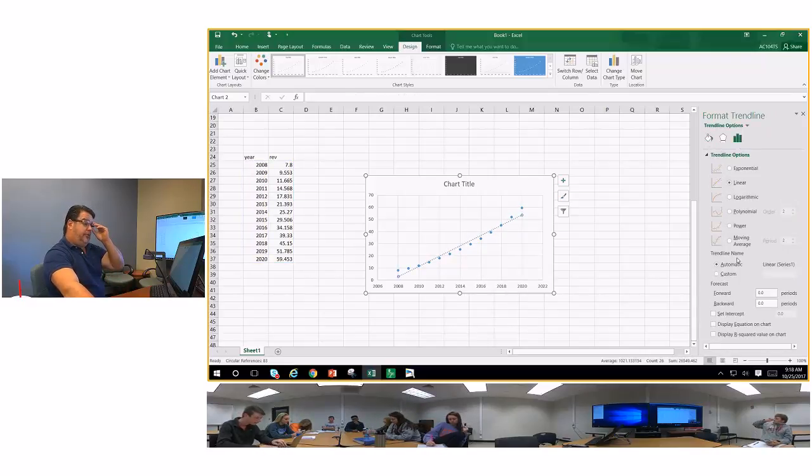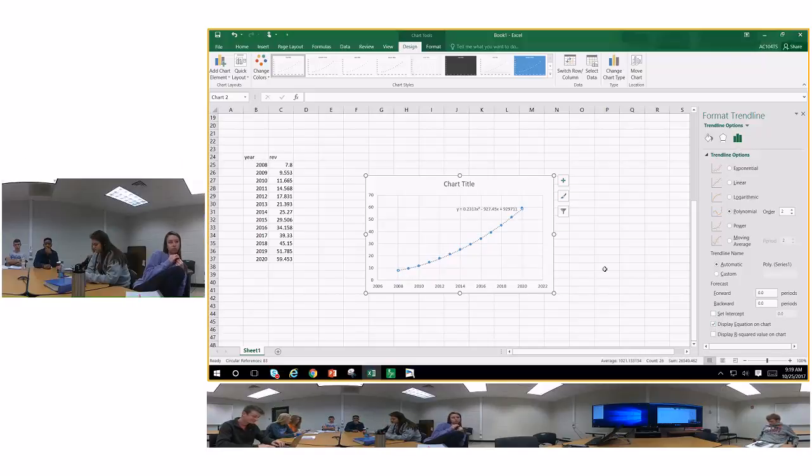And it is a polynomial. Well, can't set an intercept with that one, so we'll just go with polynomial. Display the equation.